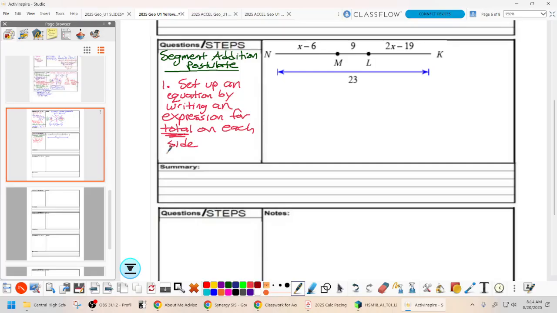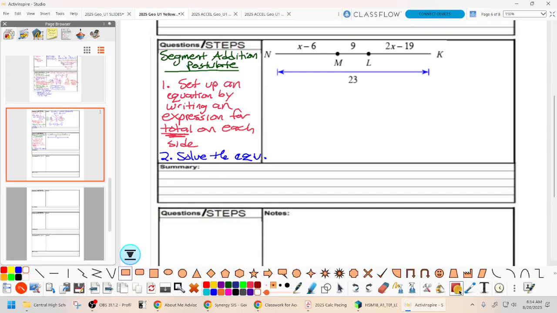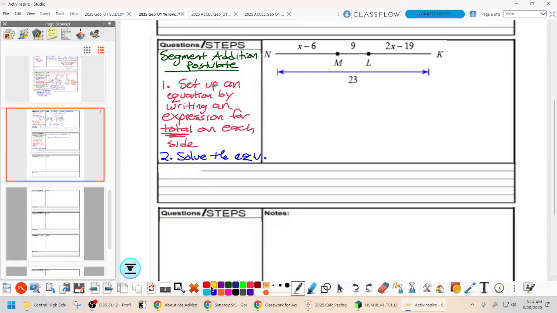And then step 2 is just going to be solve the equation. Step 3, if we need to, we might have to plug back in. But that's problem dependent.